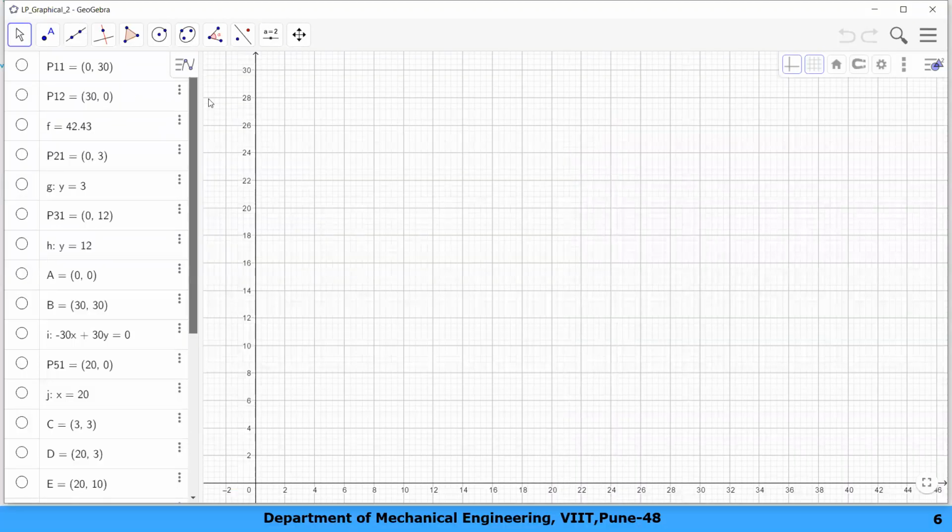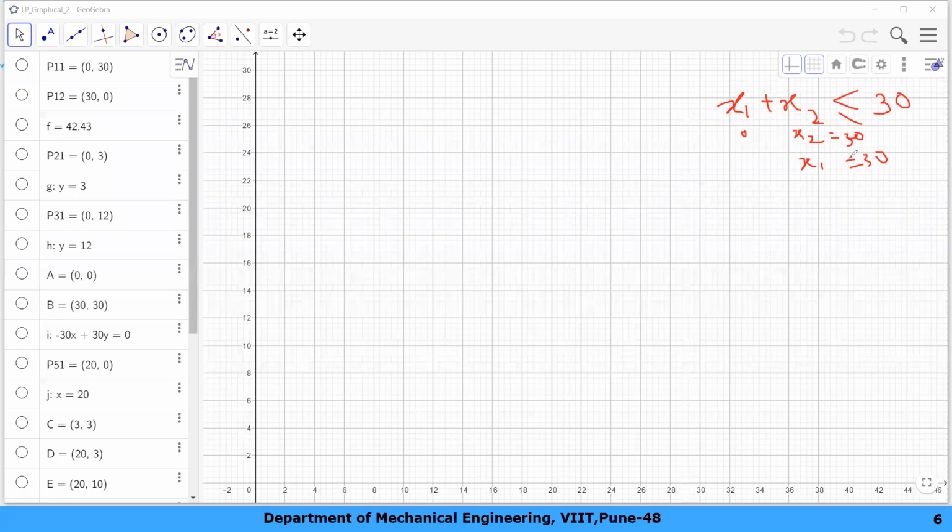part. Okay, now if you have written the constraints, the first constraint was x1 plus x2 less than or equal to 30. Okay, so इस constraint की पहले line बना लेते। Same procedure, x1 equal to 0, you will get x2 equal to 30, then x2 equal to 0 put करते, you will get x1 equal to 30.